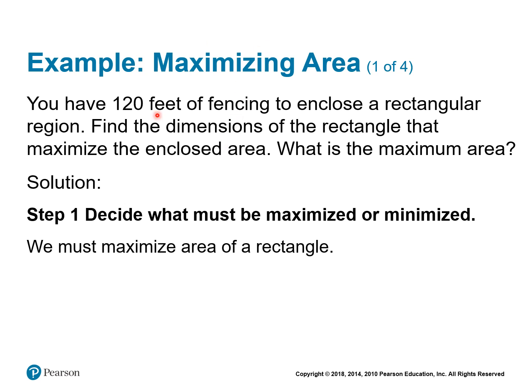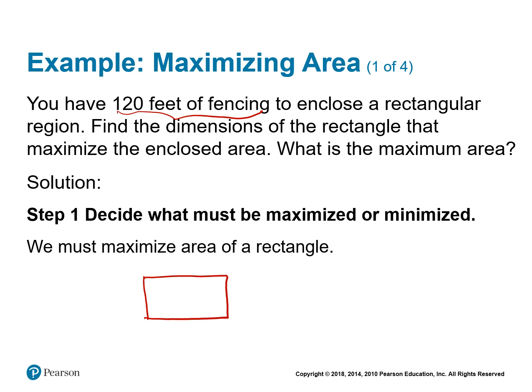So I'm going to just draw a picture to help myself understand what they are talking about. Here we are talking about a rectangle, and we don't know the dimensions of the rectangle. But it says you have 120 feet of fencing to enclose a rectangular area.